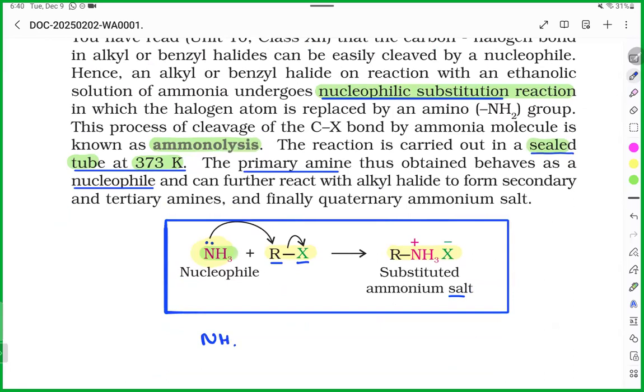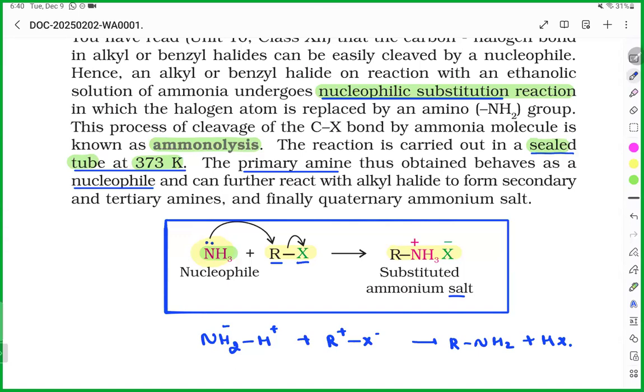Ammonia, you can write in this form: H positive, NH2 negative, reacts with R positive and X negative. What will happen? RNH2 and HX. Simple substitution reaction. You did the same thing in haloalkane and haloarene, nucleophilic substitution reaction.